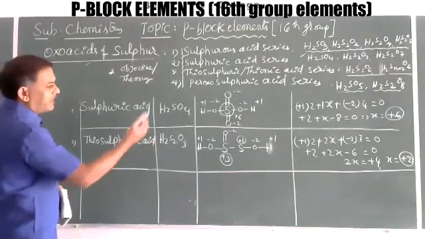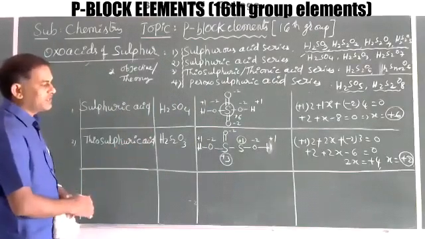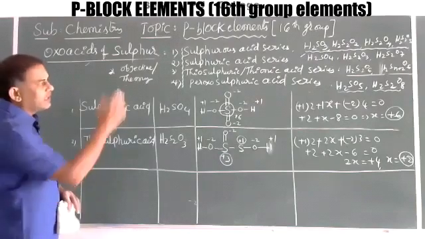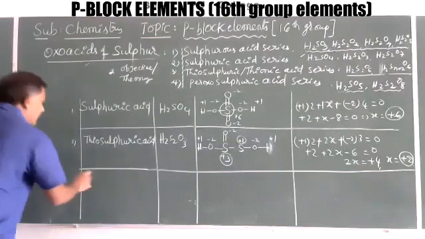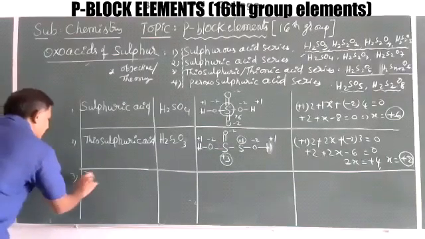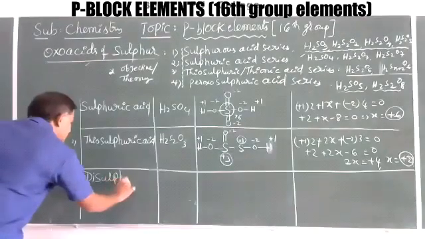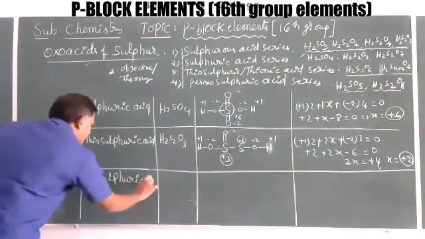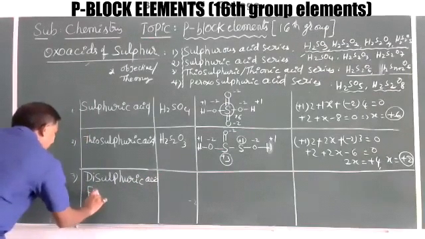It exhibits plus 3 and plus 1 oxidation states, and the average is plus 2. Then here H2S2O7, very very important. H2S2O7 is disulfuric acid.